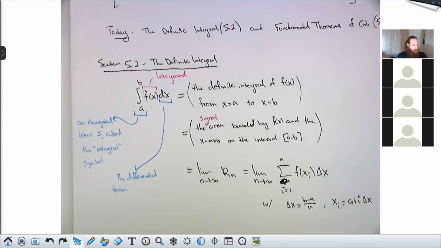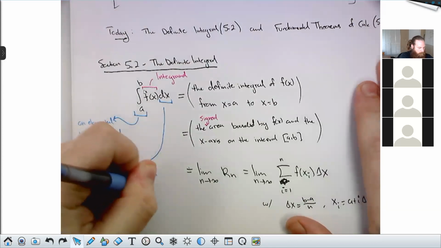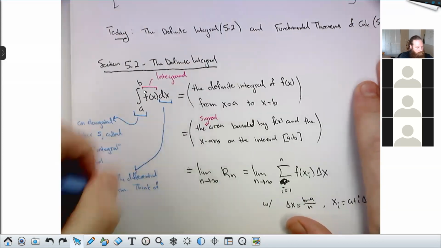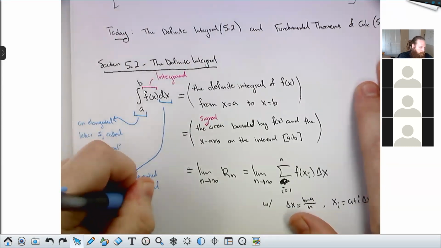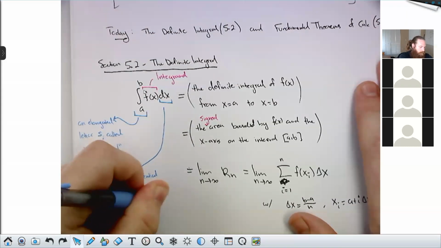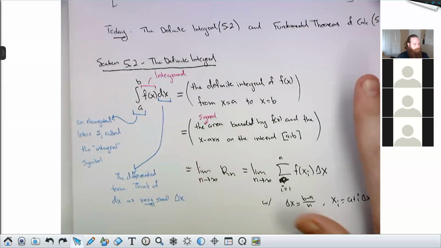You can think of dx as a very small delta x.